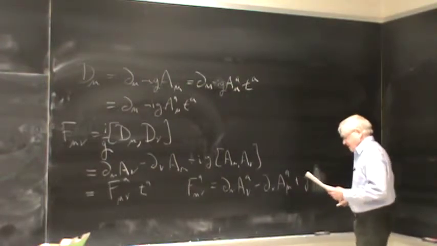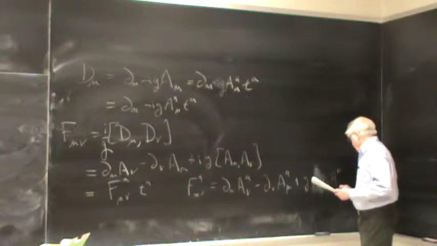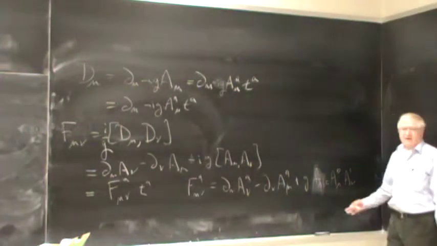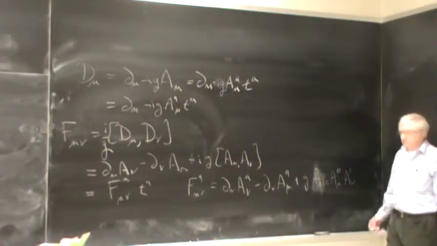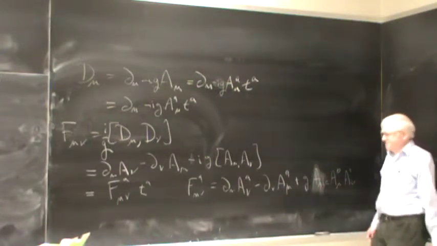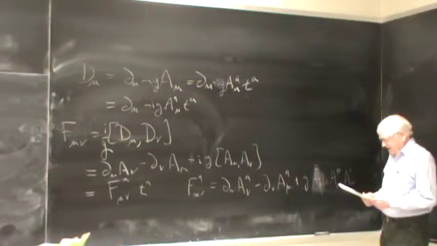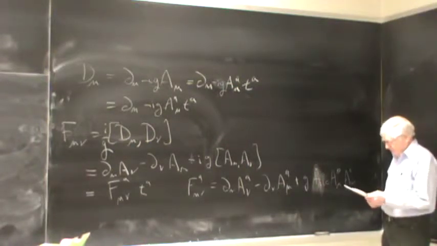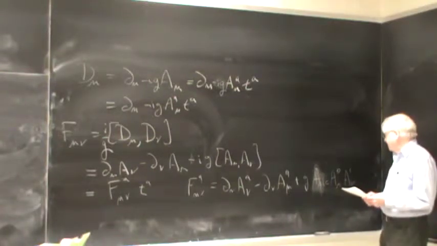f^abc A^b mu A^c nu. For compact groups, whether the color indices are up or down doesn't matter, because the structure constants are real and totally anti-symmetric. And of course, F mu nu is anti-symmetric.